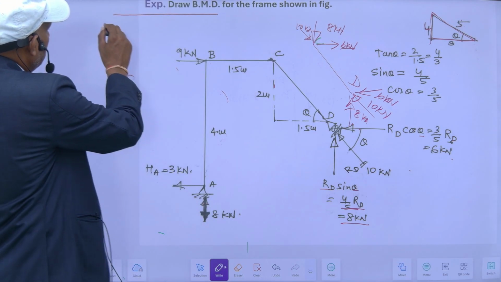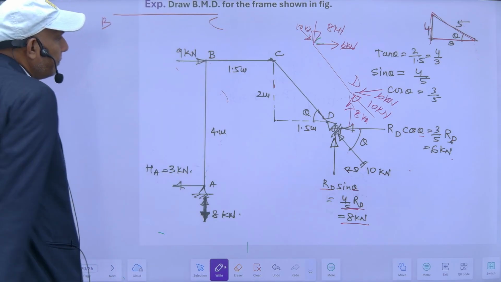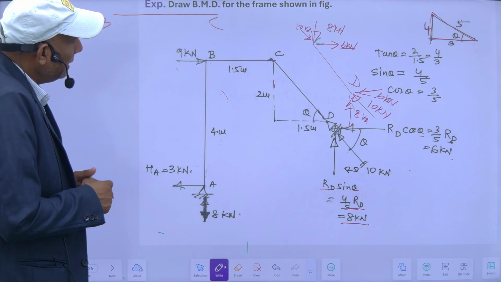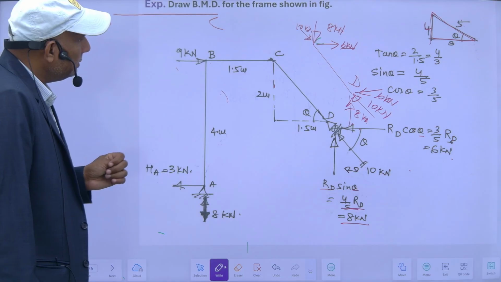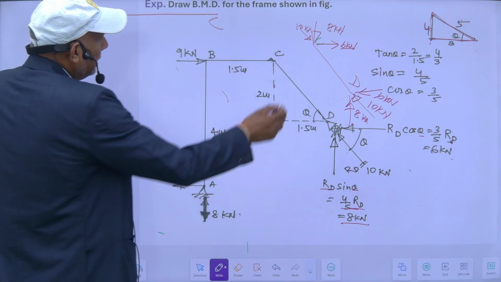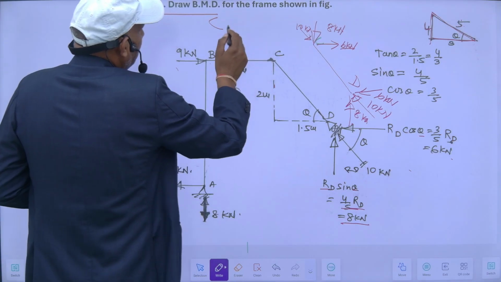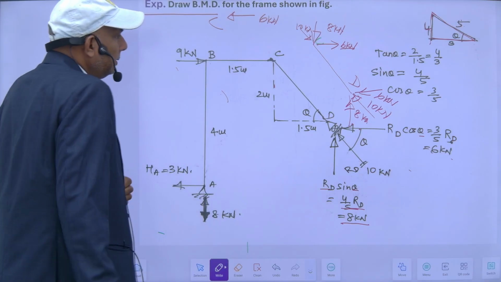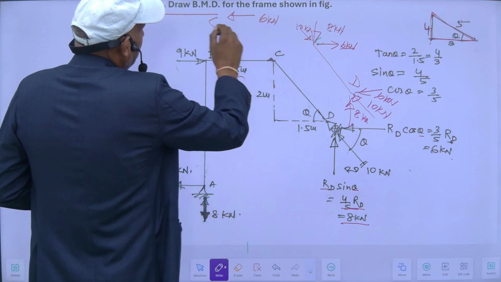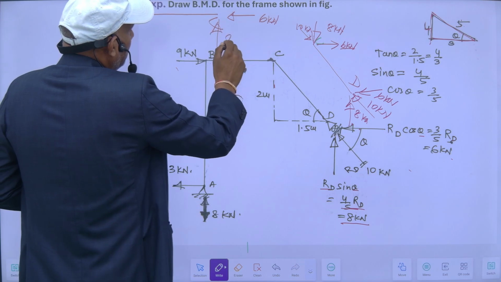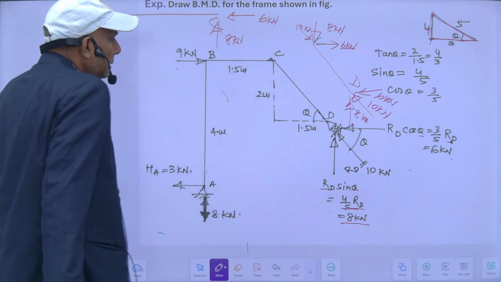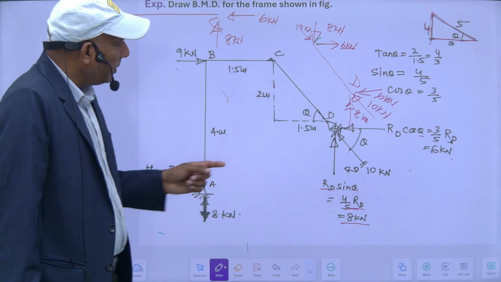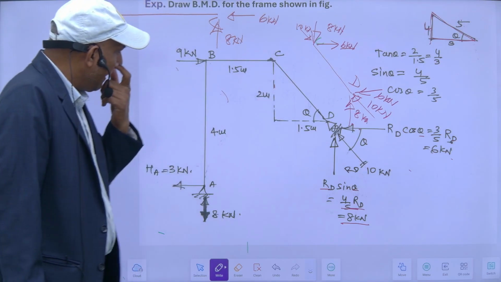For the BC portion, this is BC. If this is 6 kilonewton here, and it is downward, it will be upward of 8 kilonewton. Since it is passing through here, there is no moment either here or here.